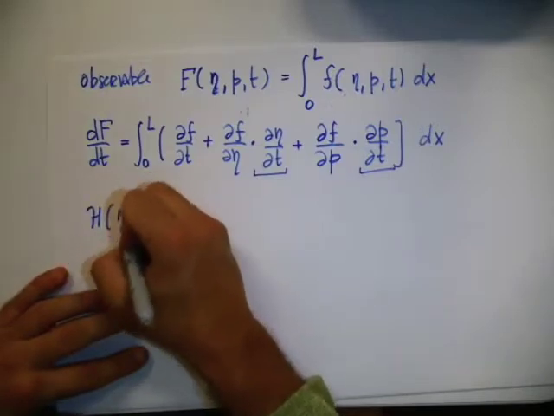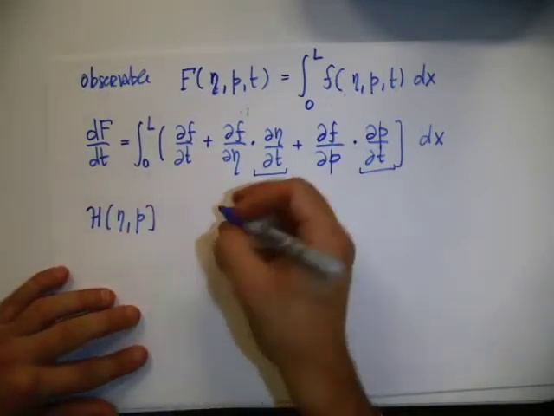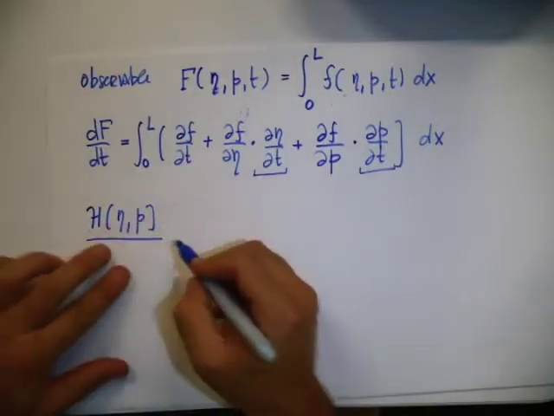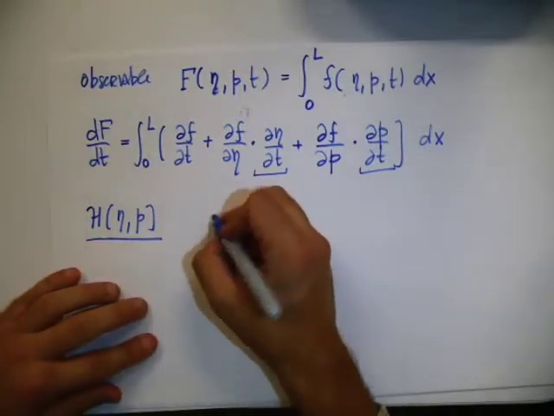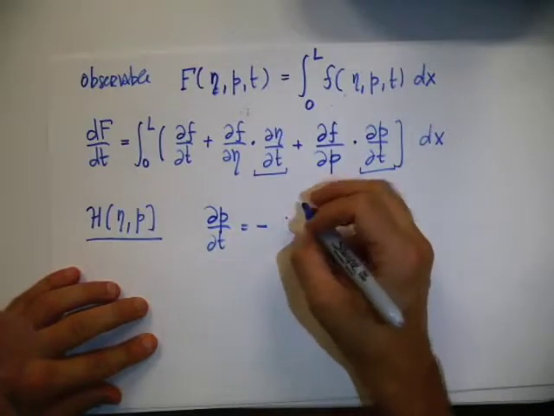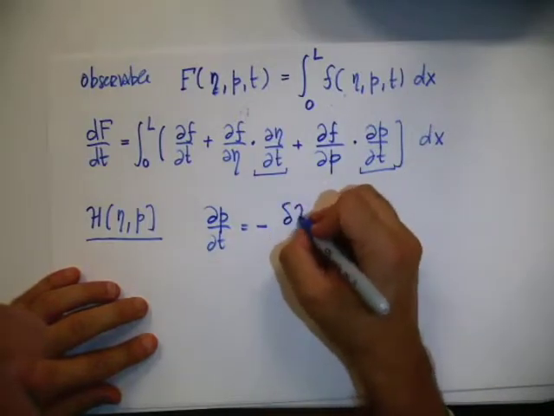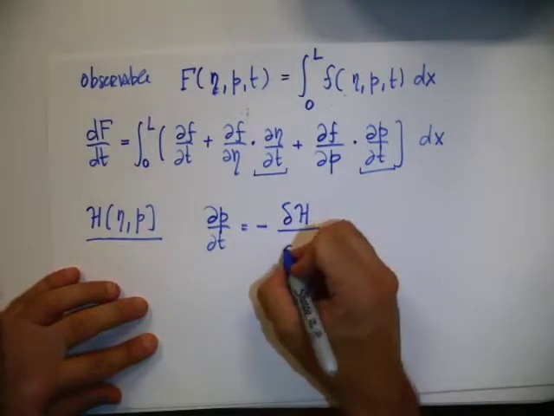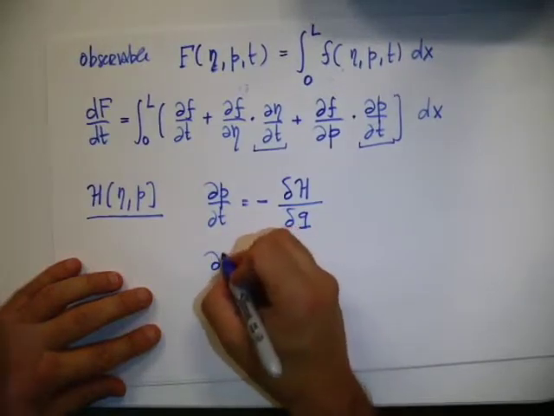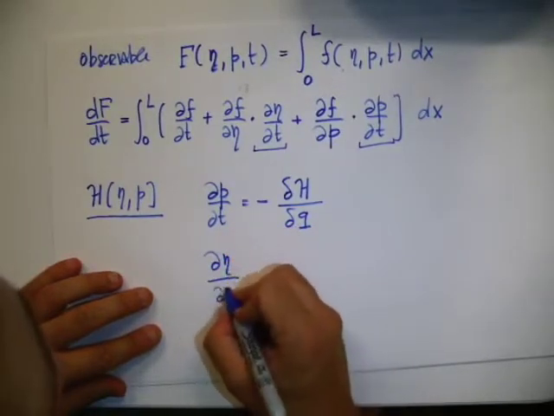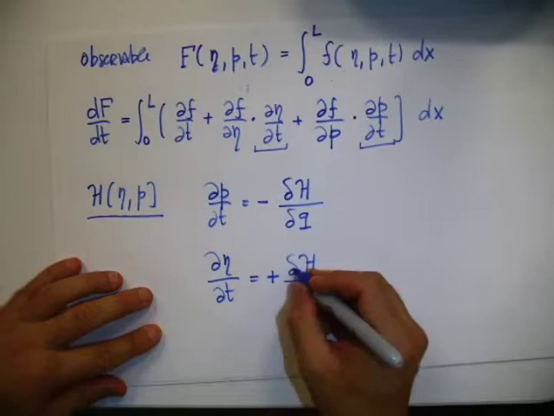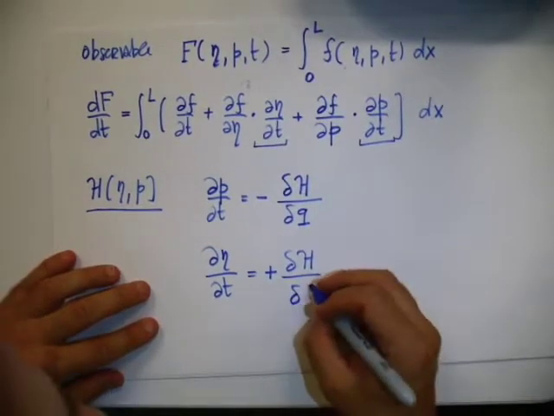The Hamiltonian depends upon eta and p, and if the Hamiltonian that we chose is a good one, we know that dp dt has to be equal to minus the variational derivative of the Hamiltonian with respect to q, and d eta dt equal to plus the variational derivative of the Hamiltonian with respect to p.